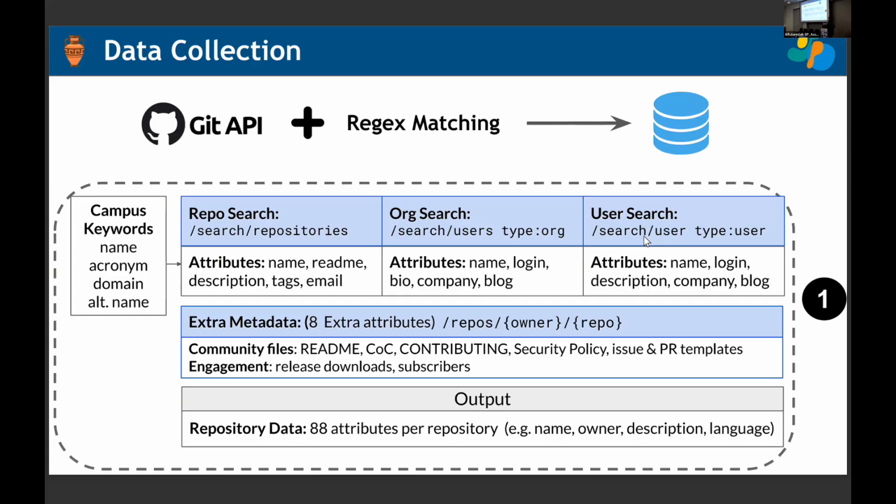I collected some extra metadata, like the READMEs, the code of conduct, contributing guides, some of these things that in my opinion, are very important for sustainability. And also some indicators of engagement, like release downloads, subscribers, forks, stars, some of these things. The output of this was a bunch of attributes with a bunch of repositories in a huge database.